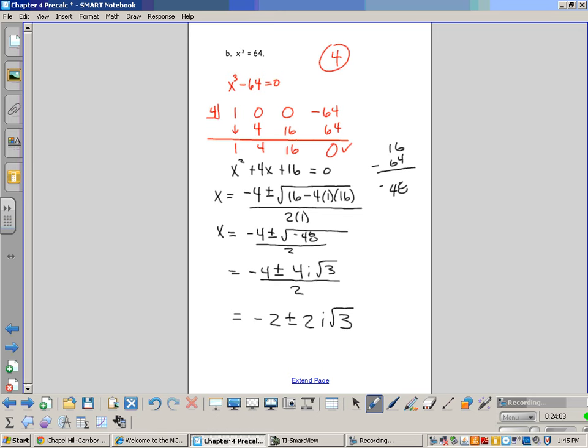These solutions are in addition to the solution that I have here. So all of your solutions include 4, negative 2 plus 2i root 3, and negative 2 minus 2i root 3.